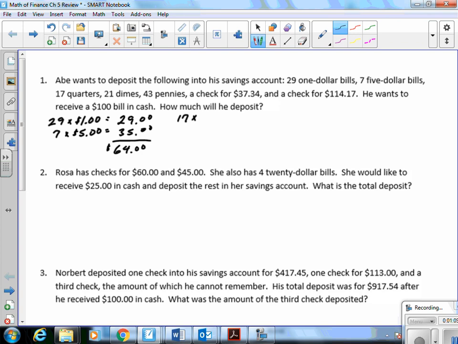And then for the change, we got 17 times 0.25 for quarters, 21 times 0.10 for the dimes, and 43 times 0.01 for the pennies.